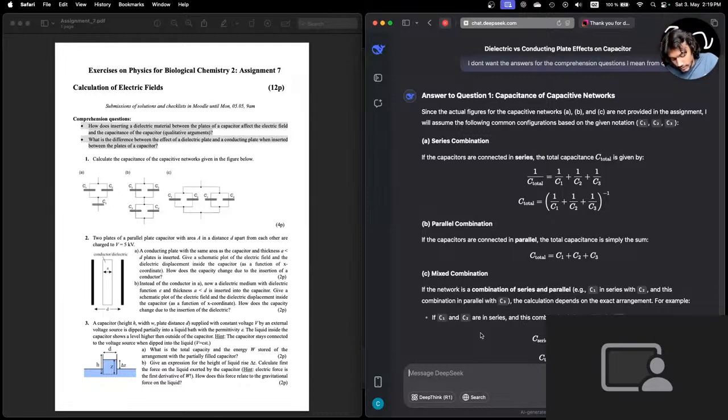Now two parallel connected by series. C1, C2, C3, C4.